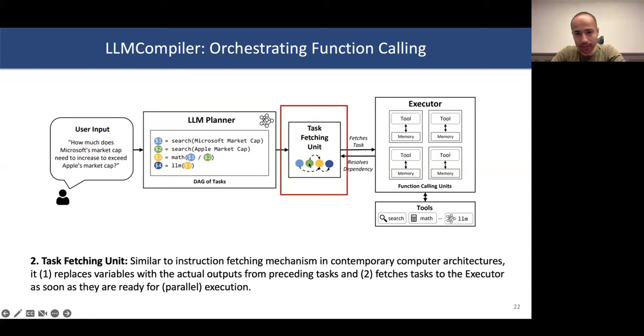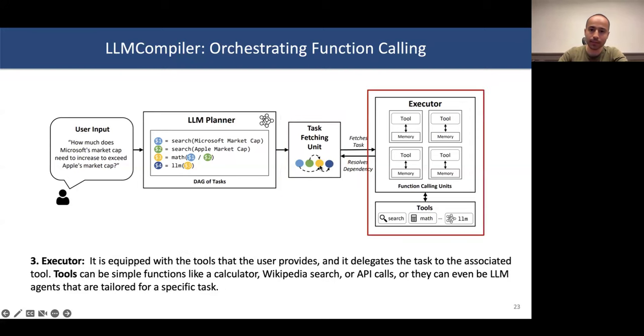Task 1 and task 2, as you see here, don't depend on anything else, so they can be executed in parallel. Task 3 has a dependency on tasks 1 and 2. And task 4, the final LLM call, has a dependency on the third task. With this, I can start dispatching the calls to different LLMs. Tasks 1 and 2 can be executed in parallel.